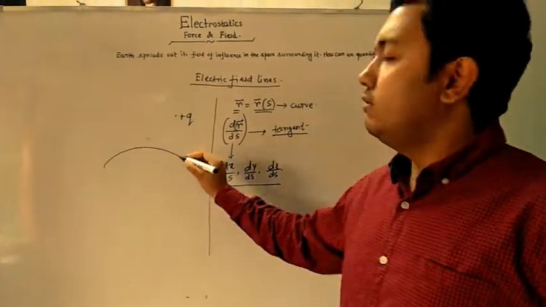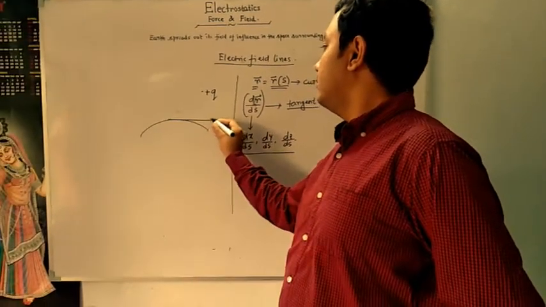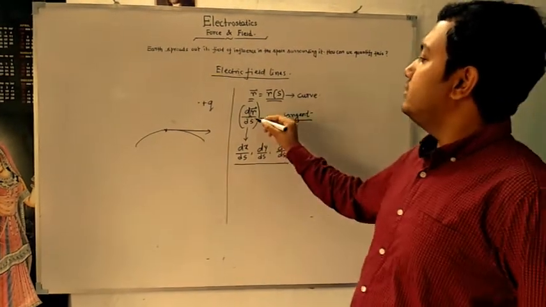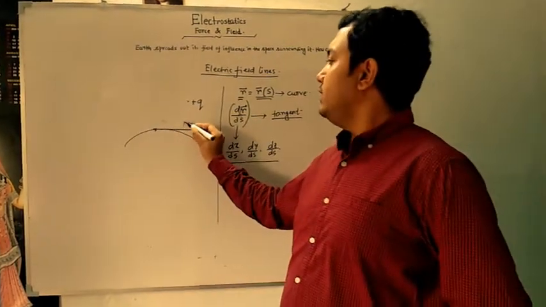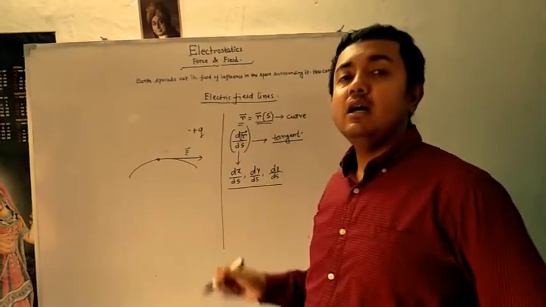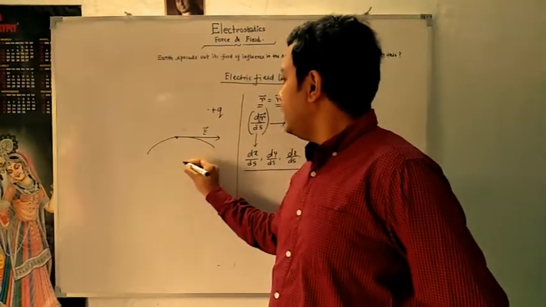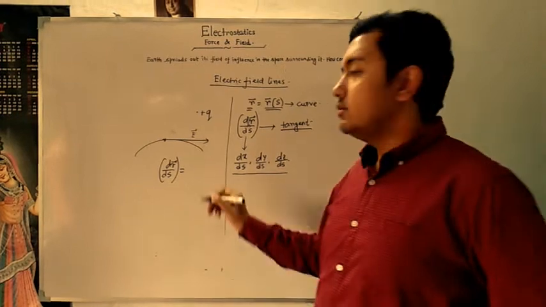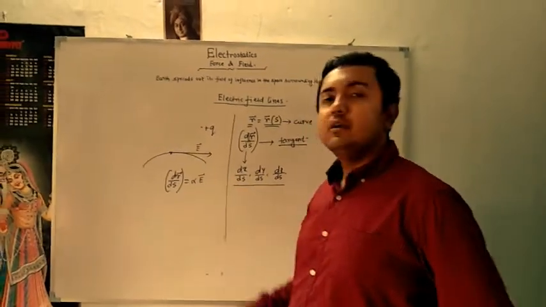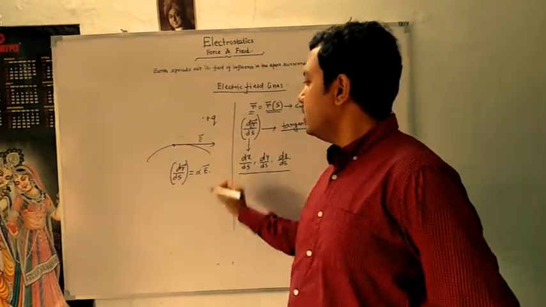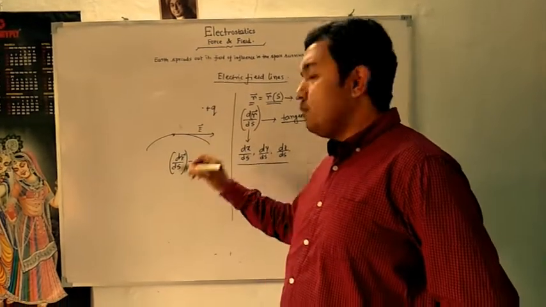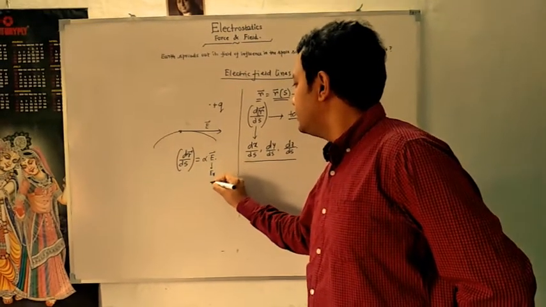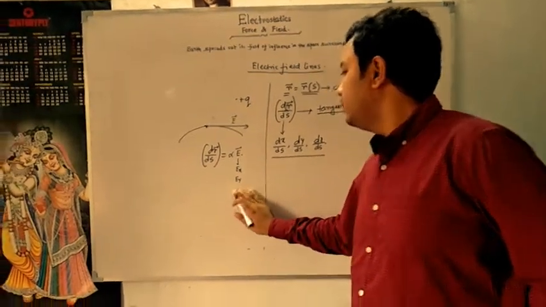If we draw the curve, then electric field is also in a tangential direction of this curve, and this represents also the tangent. So electric field E vector and this tangent vector are parallel basically. So we can write dr ds is equal to some constant alpha times E, and we can write with the components value. E has three components, Ex, Ey, and Ez.